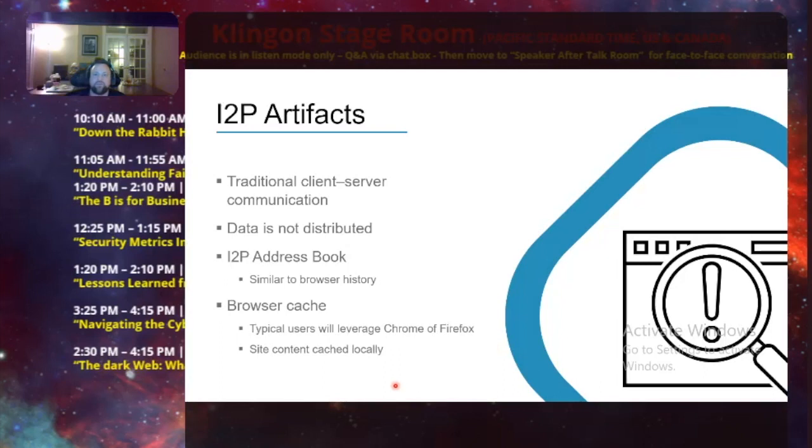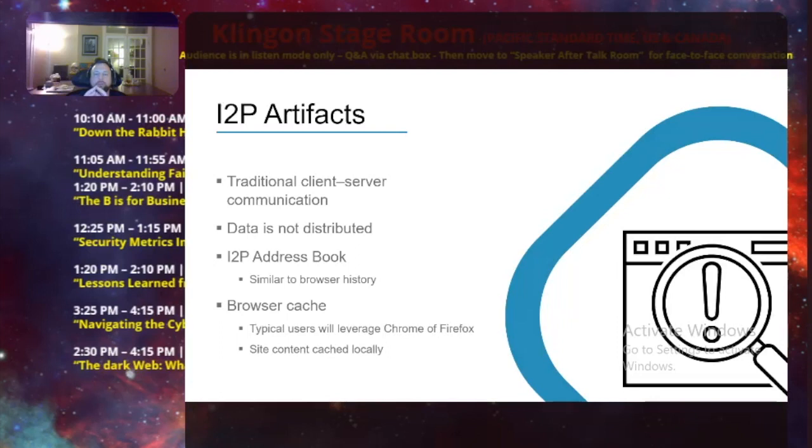All right, so a couple of things about I2P that I wanted to hit on, if anyone here has a forensic background. The biggest thing with I2P is the address book. It's similar to your browser history.